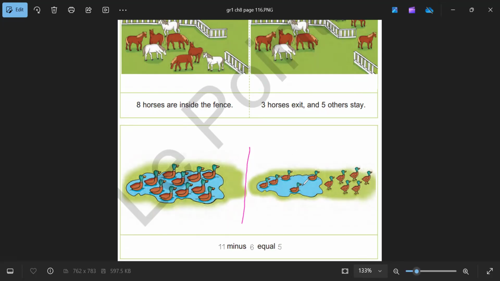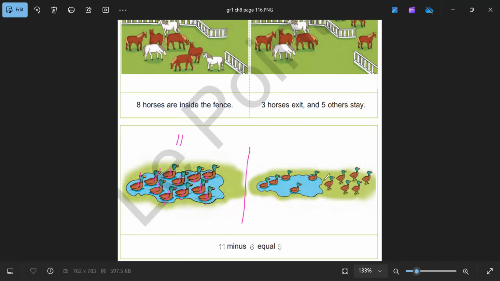Now, how many ducks are inside? Let's count them. 1, 2, 3, 4, 5, 6, 7, 8, 9, 10, 11. Now, the total number of the ducks is 11. Look, the same image, the same photo.